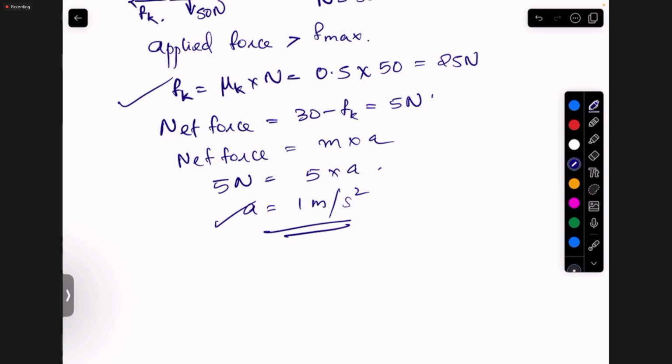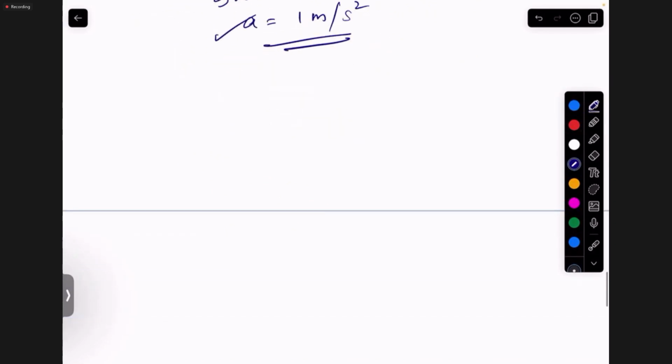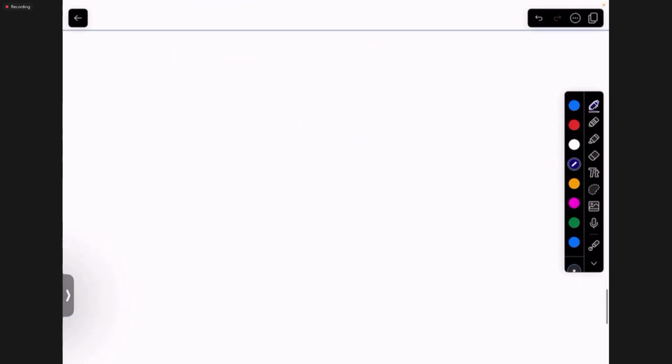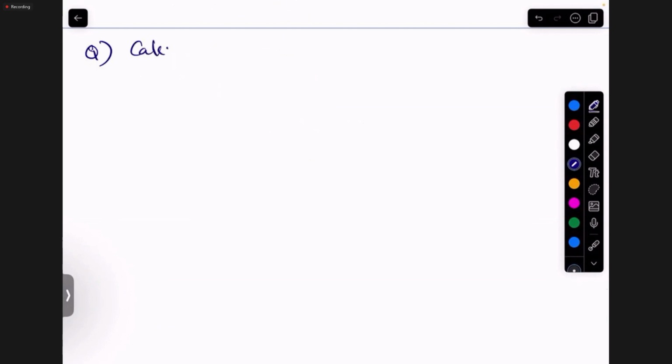Now, another problem we will see. So you need to calculate friction and acceleration of the block. Okay.